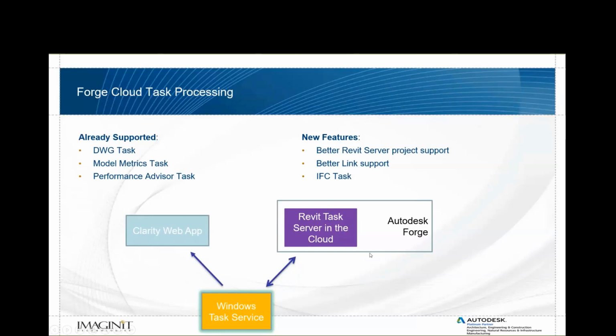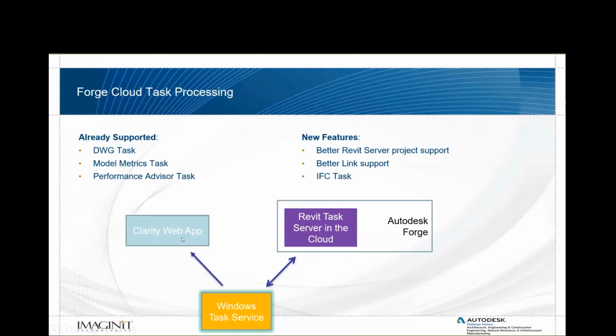It's a little bit like what we already do with Clarity on-premise, where we send tasks over to a task server that's inside of your office to do the work. This would be an option to take that same work and send it to the cloud, as people want to experiment with it.